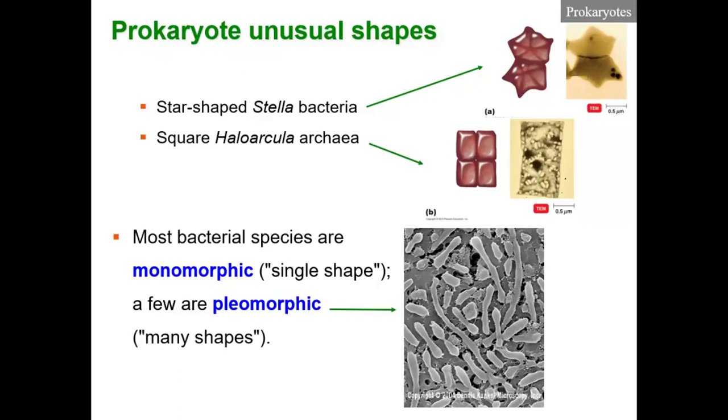I think that's the species I'm thinking of. And usually when we're talking about pleomorphic, we're talking about the shape of the cell in one environment. Most bacteria do not change their shape in different environments, but I know there's one species that does, and there's probably others I just don't know about.